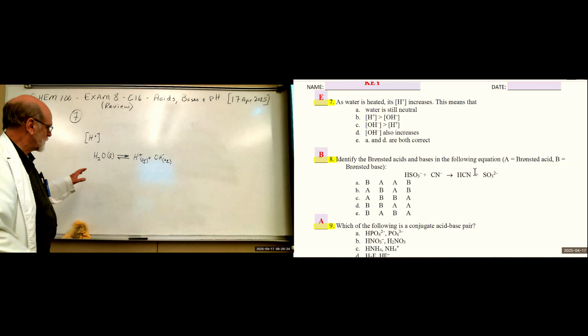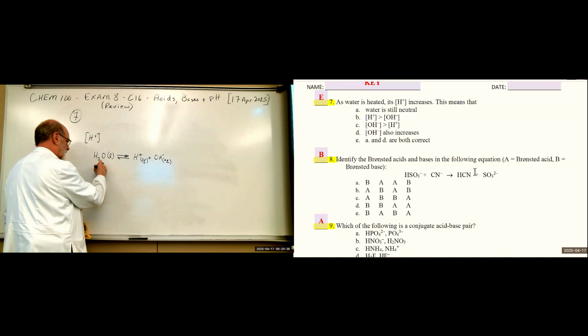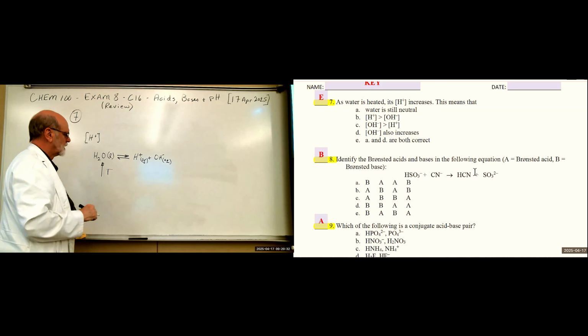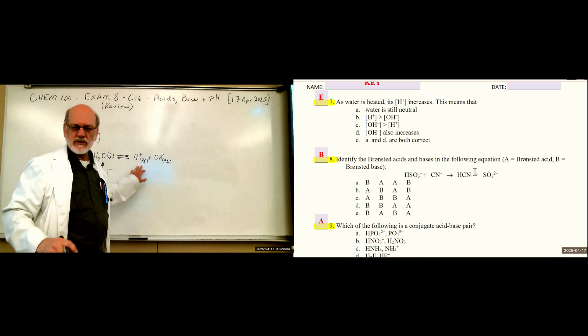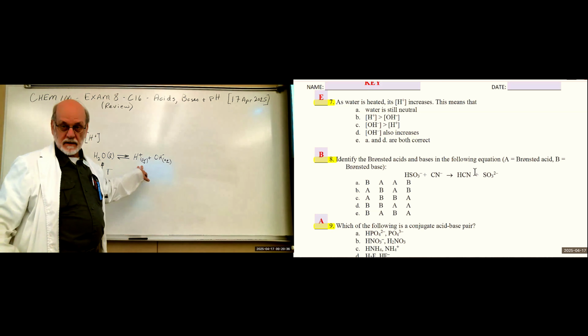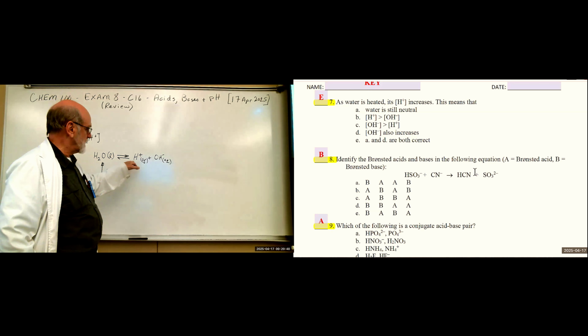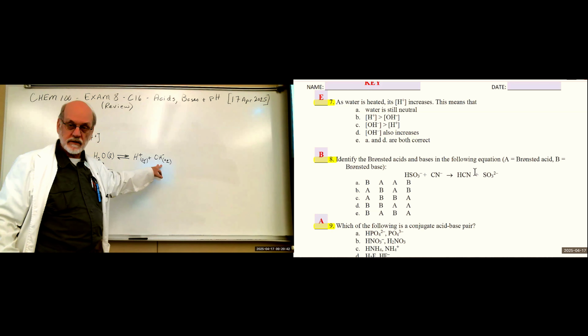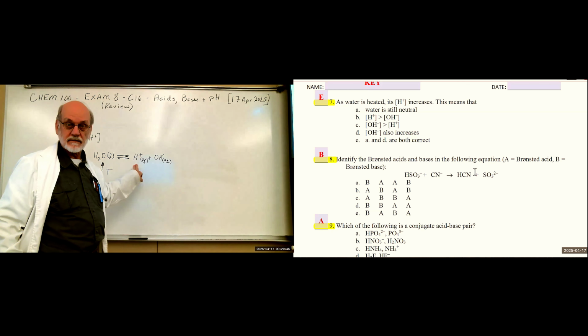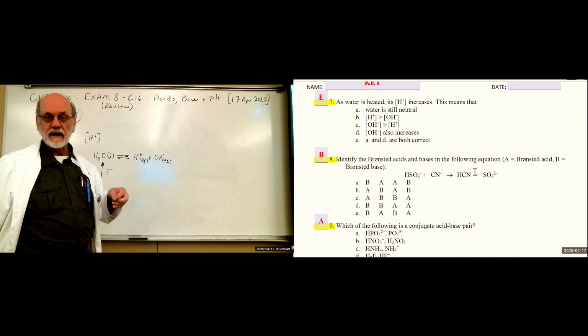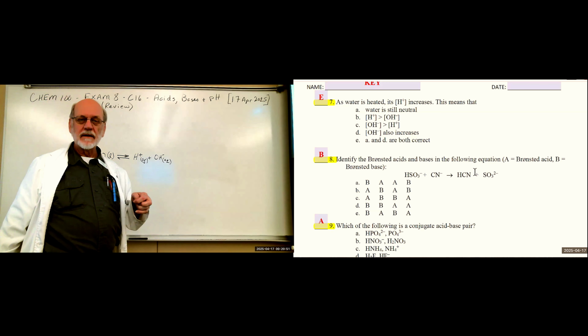Okay? So as you increase the temperature, you get more hydrogen ions. All right. But what else do you get? As you heat it up, you get the same number of hydroxyls as hydrogen ions, right? Yeah, because they come from the same place.